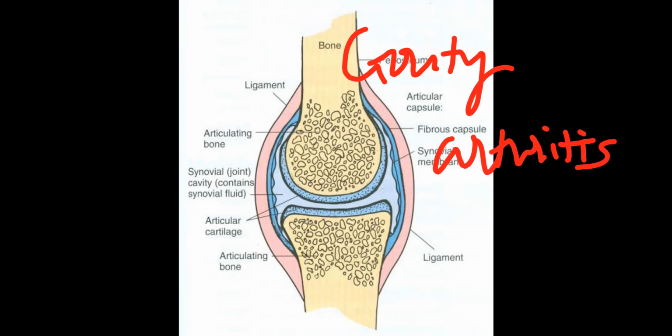I told you osteoarthritis is because of damage to the articular cartilage, mainly because of increased age or overusage. Rheumatoid arthritis is because of damage to the synovial membrane due to an attack of antibodies, an autoimmune disorder. Gouty arthritis is because somebody has a higher amount of uric acid in the blood.